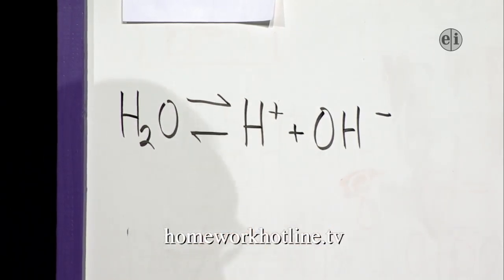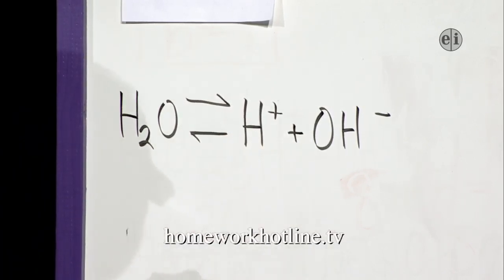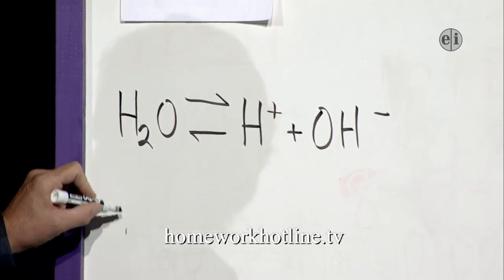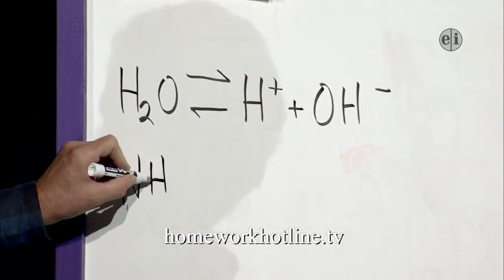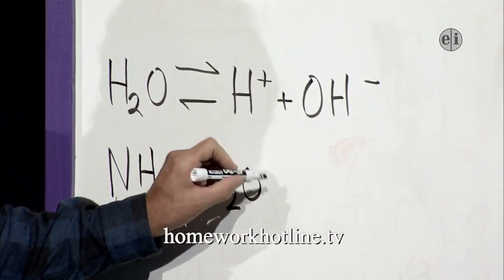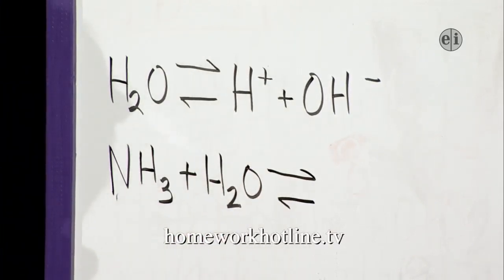Some of them might just add hydroxide ions, but ammonia works a little bit differently. Ammonia is NH3. If you add it to water, H2O, it goes to NH4, which is called ammonium, and NH4+ plus OH-. Again, it's in some equilibrium as well. It doesn't completely do this.